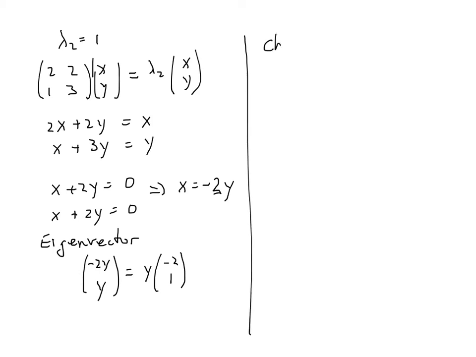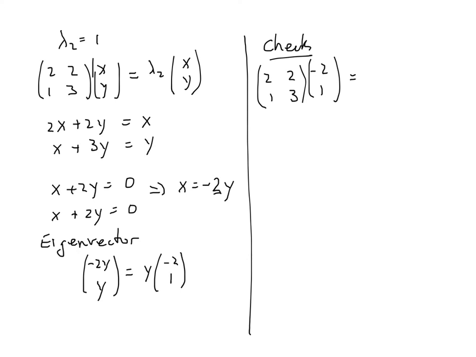Let's do a quick check. We'll actually use minus 2, 1, so 2, 2, 1, 3 times minus 2, 1. Since the eigenvalue, in this case, is a 1, I should end up with the same result. This matrix times this stretches it 1 unit, meaning it gives back the same result.